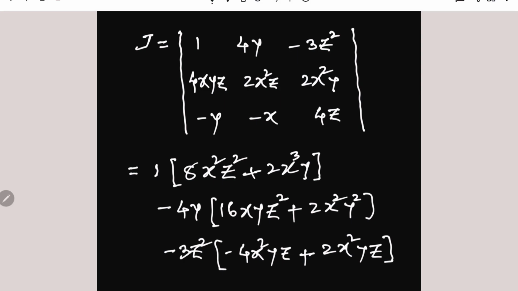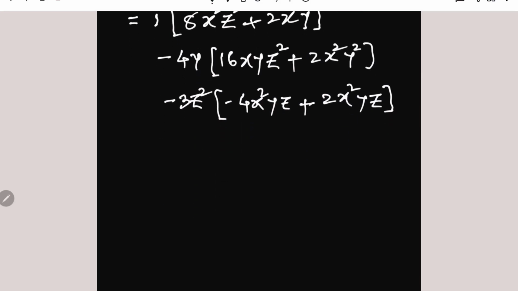Without simplifying it, we substitute the values of that point. x is 1, y is minus 1, and z is equal to 0. Therefore, we find the value of J at 1, minus 1, and 0.